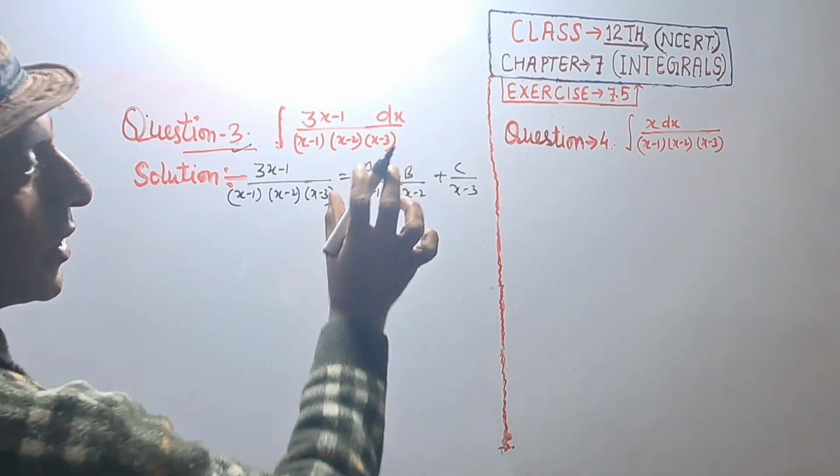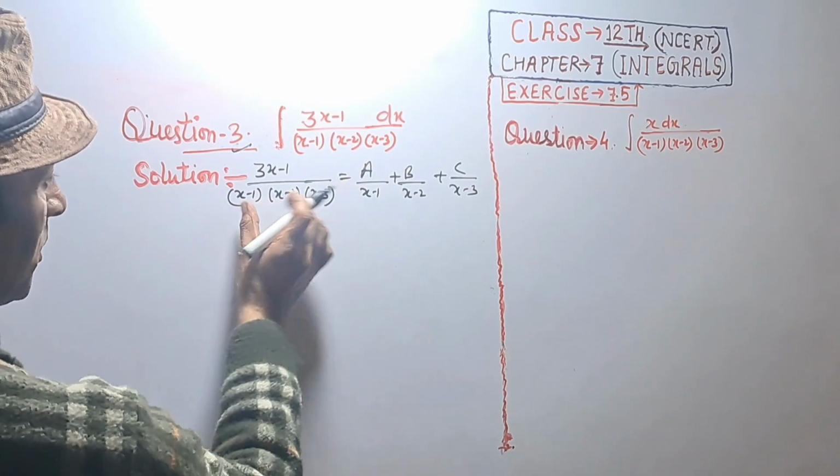Multiplying by (x minus 1)(x minus 2)(x minus 3), the denominators cancel.